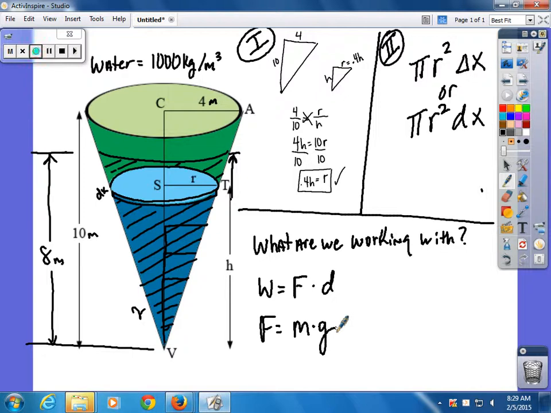So now all we have to do is set up our antiderivative from 2 to 10, because we're moving 8 meters from 2 to 10, and set it up, and it'll be mass, let's see, force times distance. Now, the distance.